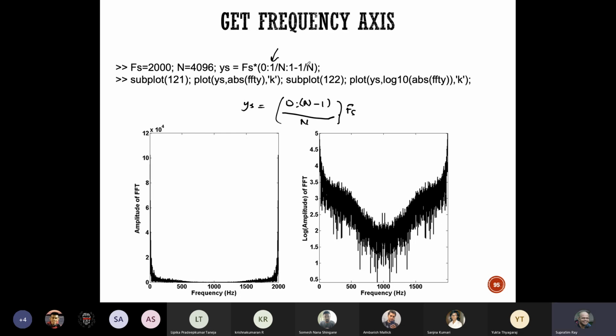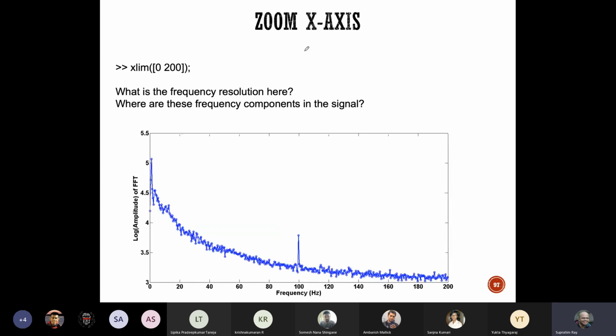Do I need to repeat this? Because I'm going to ask a question now, which I asked in the last class also. The question is, when I finally get my signal, the discrete Fourier transform, the FFT, I've plotted it and I see a nice bump at 100 hertz.